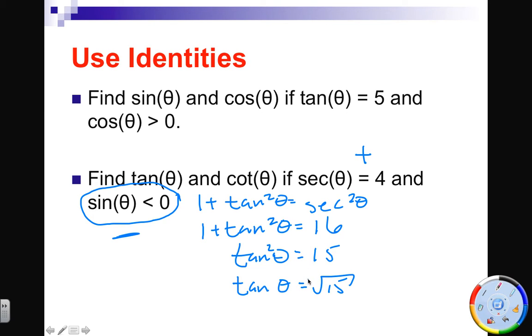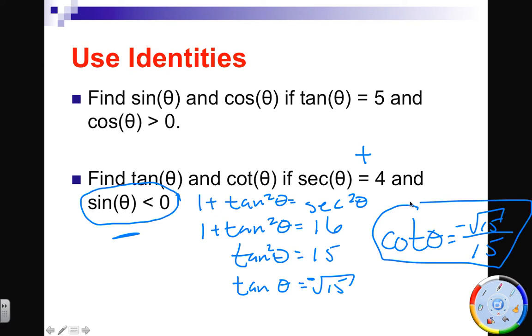So that means this is actually negative radical 15. Which then says cotangent of theta is just the reciprocal of this, and I would get 1 over radical 15, which I would then simplify to this.